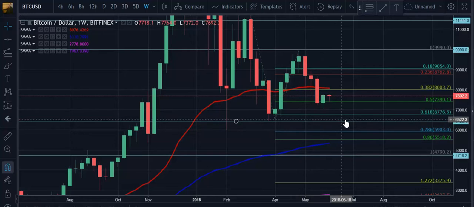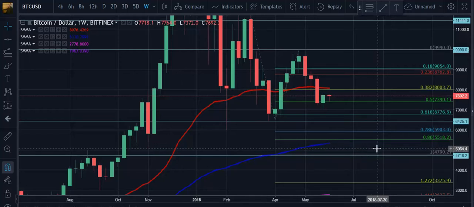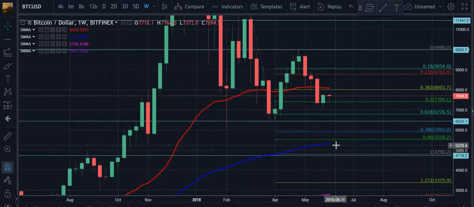So the bulls really protected this area, but if it breaks, we expect a trip back down to the blue line, which is around 5,000 to 5,500, which is this line almost. It acted as a support here and as a resistance here, and it's around the blue line. So we hope it's going to hold. So far it's been like that.